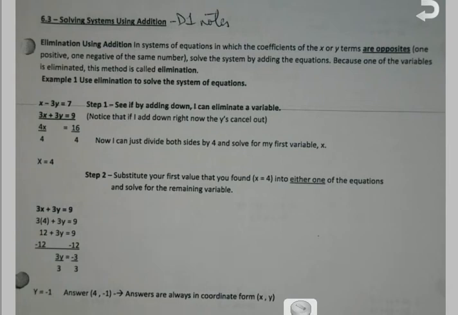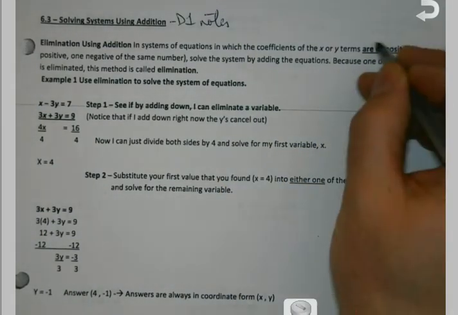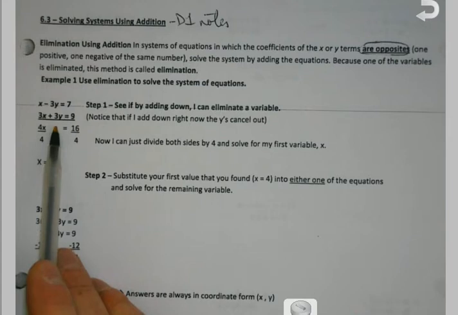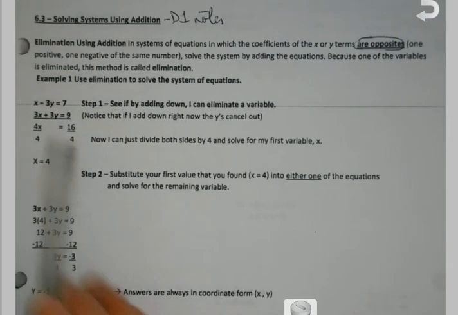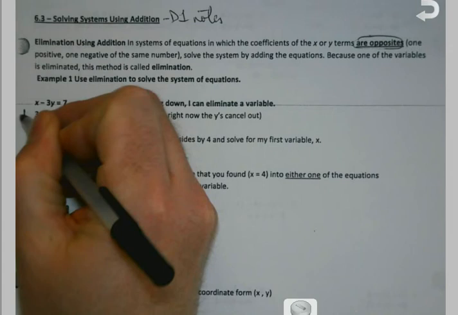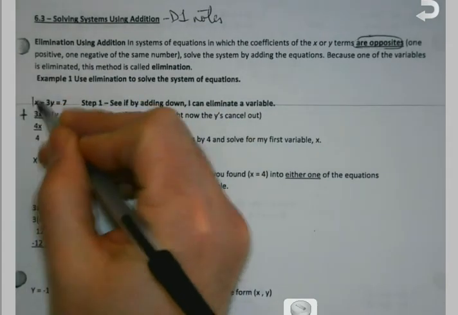So, in systems of equations in which, and this is the important part, the x and y terms are opposites, in other words, you have a positive and negative of the same number in front of one of your variables, then I can just add down, eliminate one of the variables, and figure out what the other one's going to be. For the one I did at the top, if I add down, 1x and 3x is 4x.